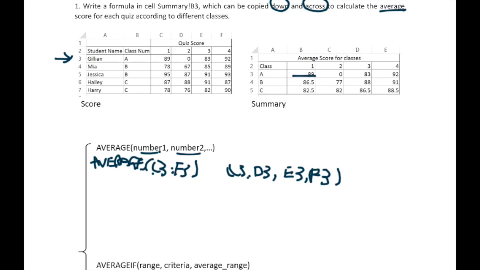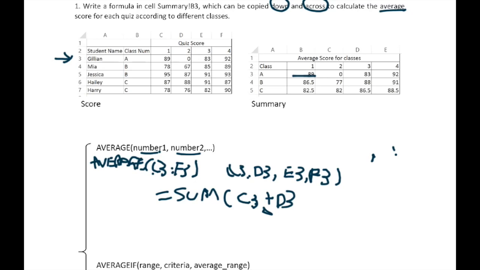But notice that the only correct way to use average or sum is to either use comma to calculate the average or sum of different cells, or use colon to calculate the average or sum of a range of cells, but never use something like sum C3 plus D3.